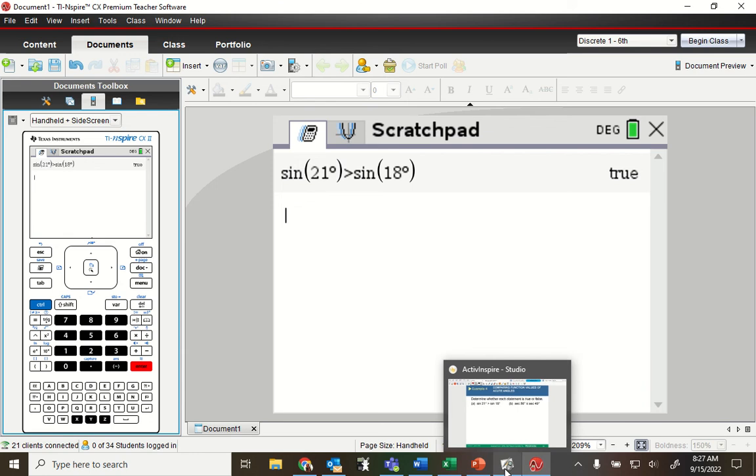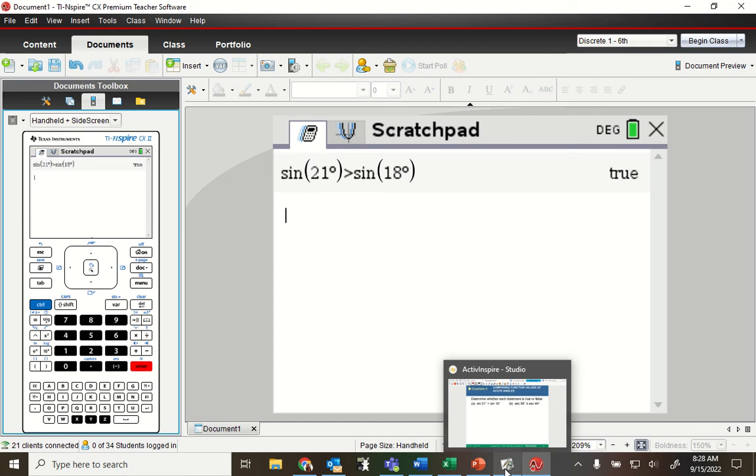Yeah, so the inverse. Super easy, right? All right, so your calculator is your friend.